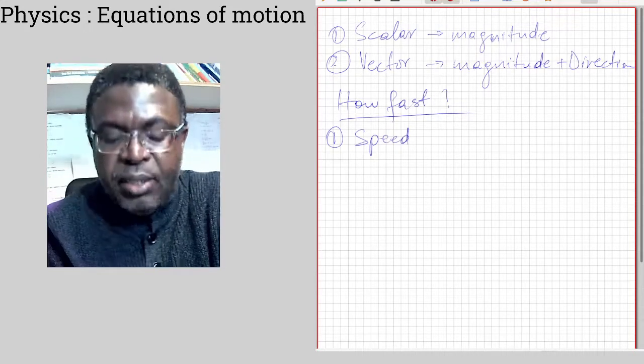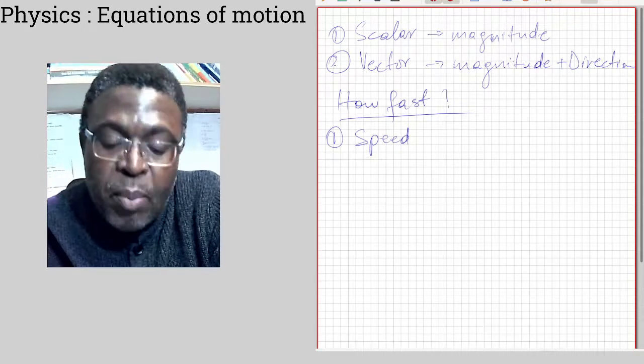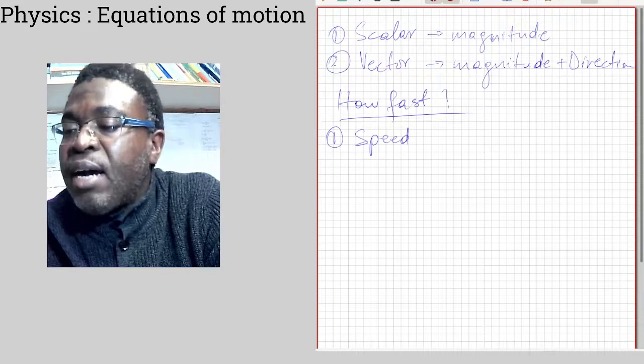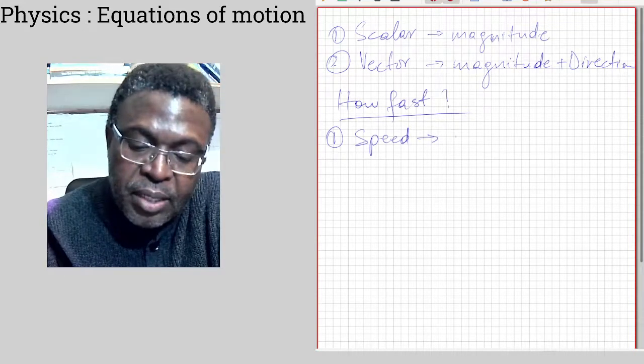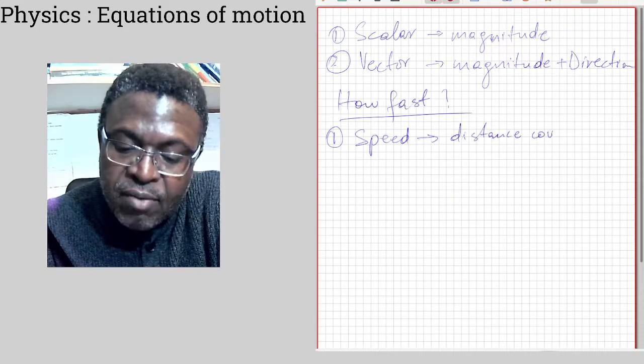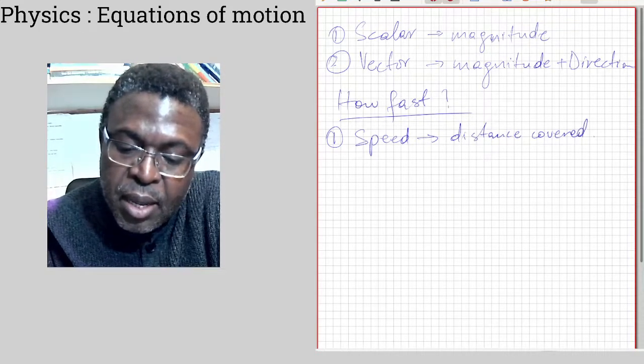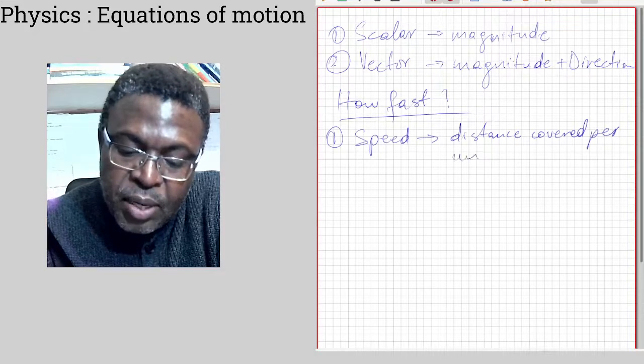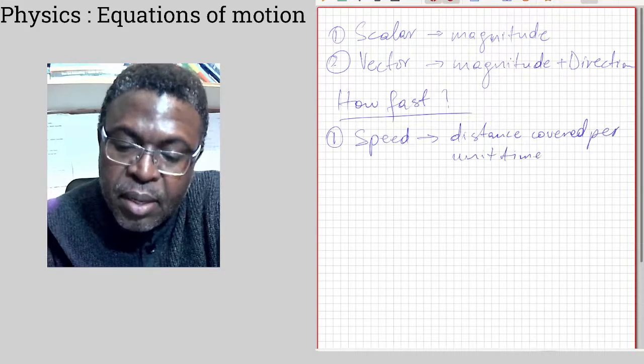When we're talking about speed, we are talking about distance covered per unit time, right? This is distance covered per unit time. This is clear.